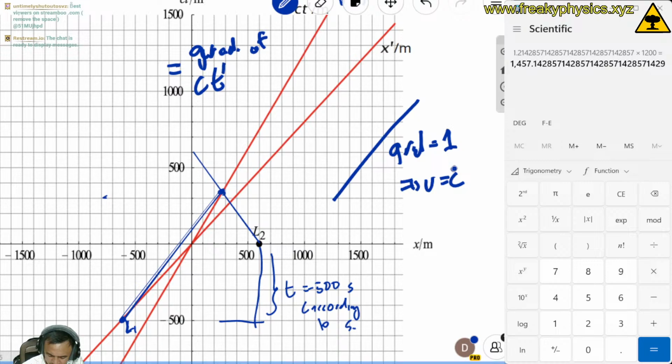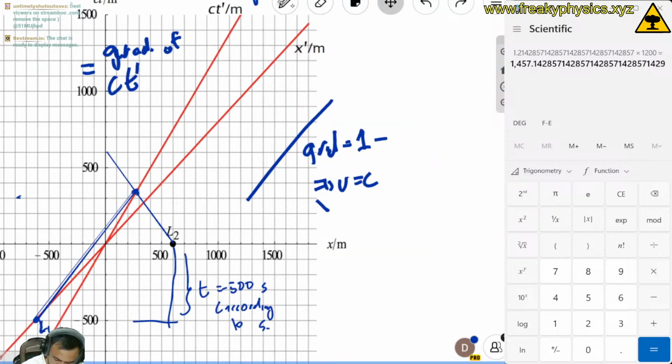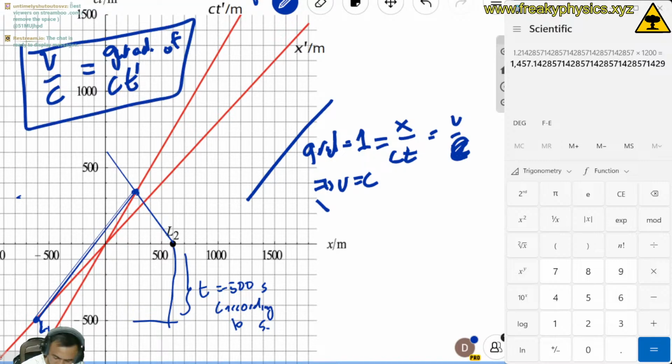So from here, that should be equal to x over tc, and that's going to be v over c. So the gradient of the ct prime line would be equal to v over c.